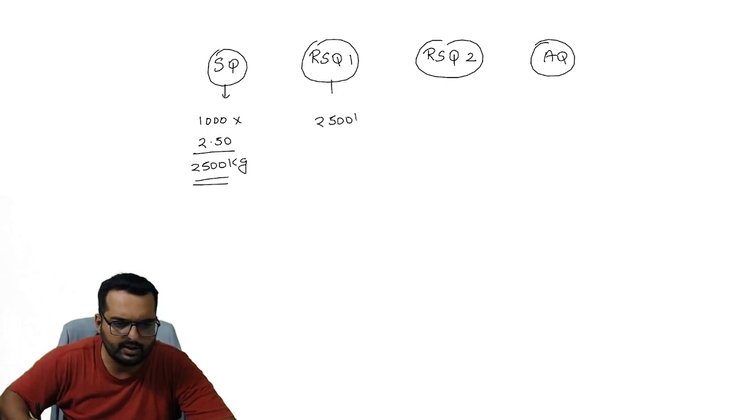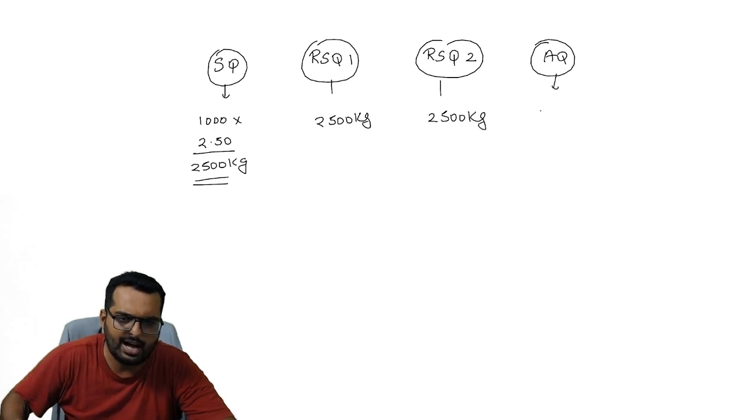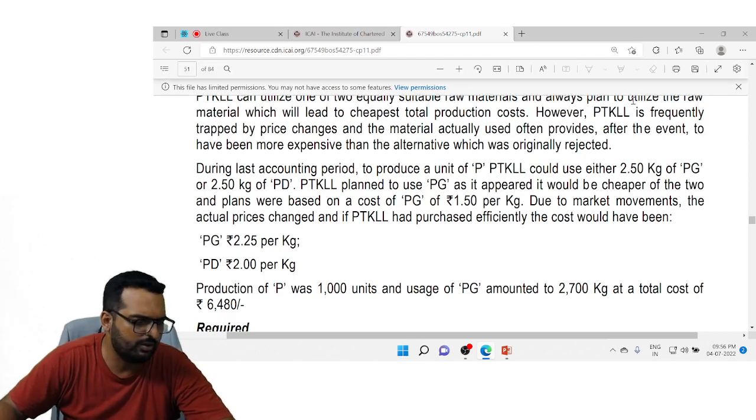This is also 2500 kg, no change at all. They have not given anything in the question. But the last one is what? 2700 kg. That's the actual quantity, right?